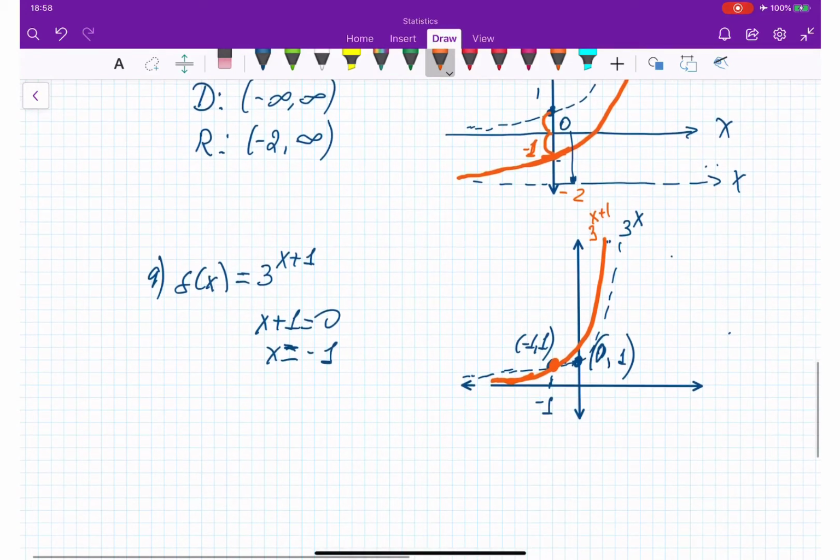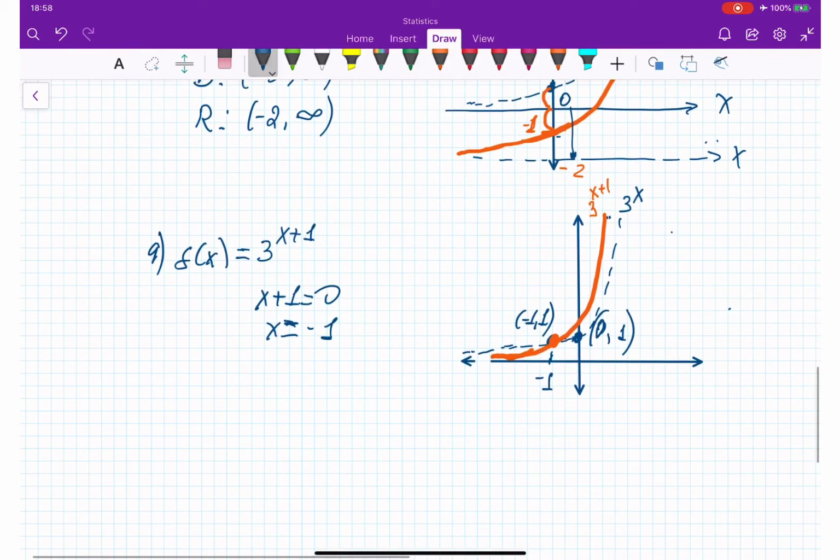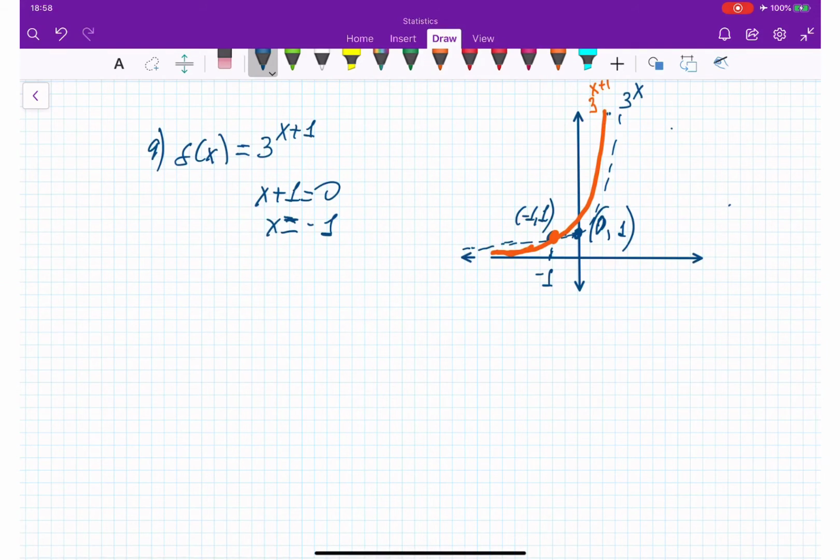Question number 10. F of x is equal negative 4 to power x plus 3.